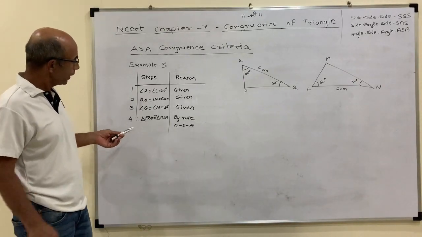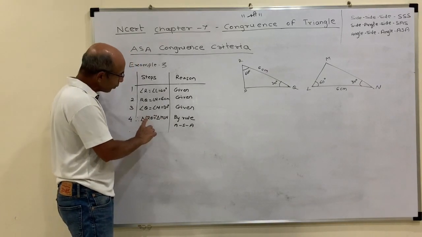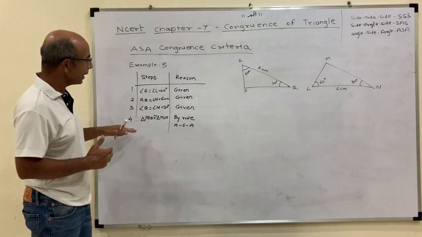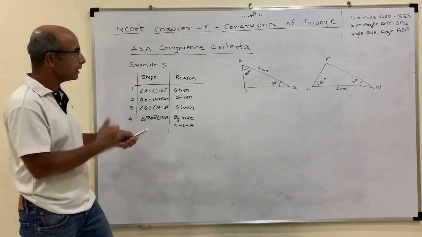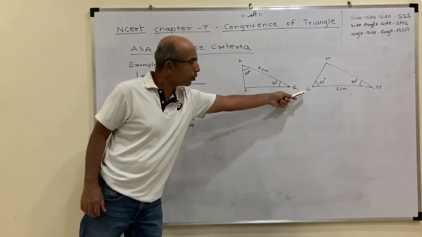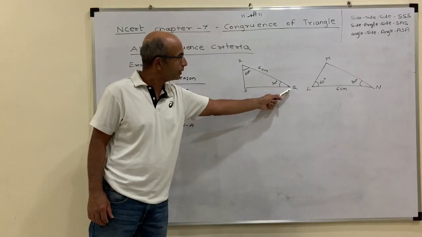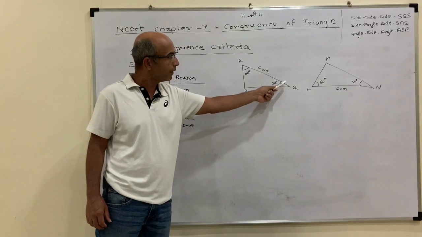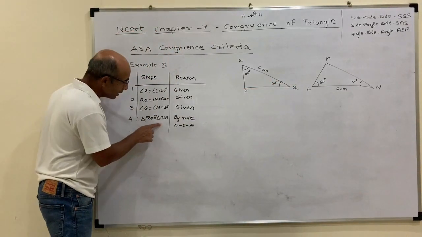One thing you need to take care of while writing the triangle: you need to maintain the corresponding vertices, corresponding sides and corresponding angles. So you should not write PRQ equal to LNM, because R has the corresponding angle L, the side RQ has the corresponding side LN, and angle Q has the corresponding angle N. That has to be in the same sequence.